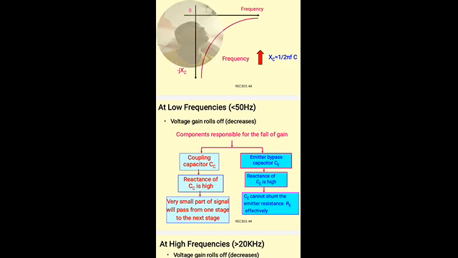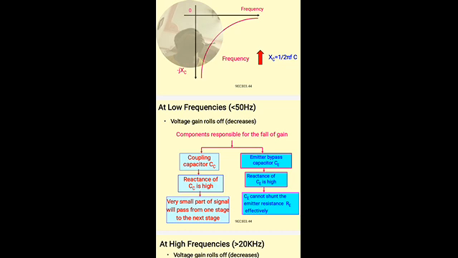Xc is equal to 1 by 2 pi fC. So when the frequency of the signal is very low, the reactance of the coupling capacitor will be very high, so it will not allow the signal. Only a very small part of the signal will pass from one stage to the next stage through the coupling capacitor.